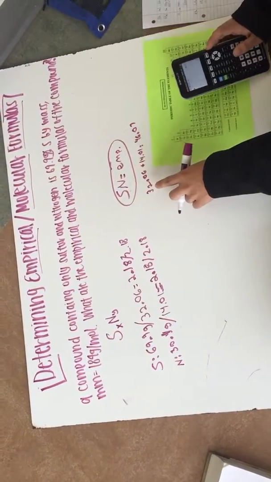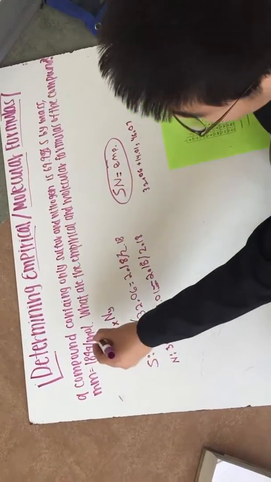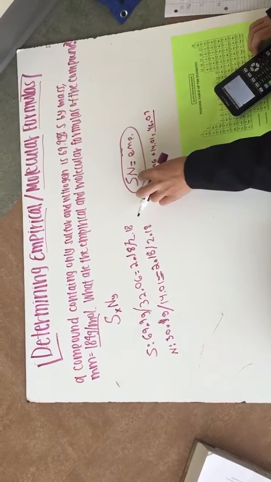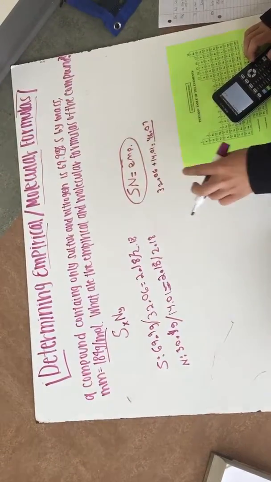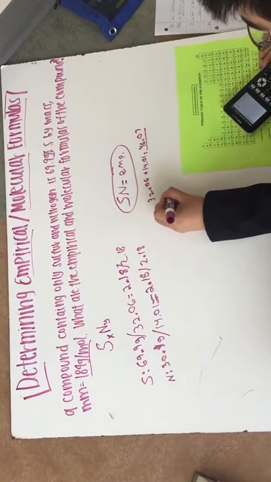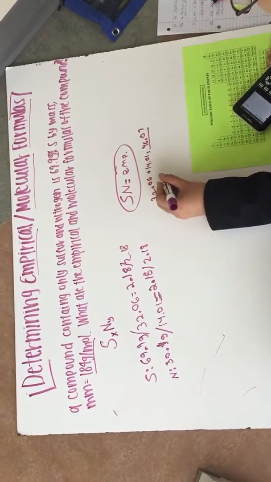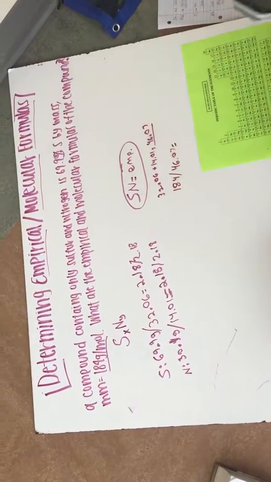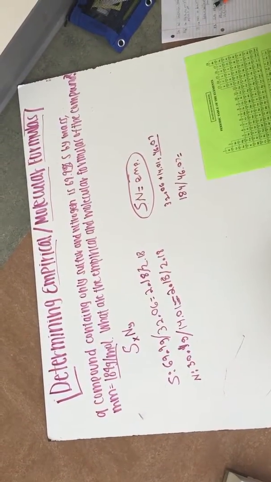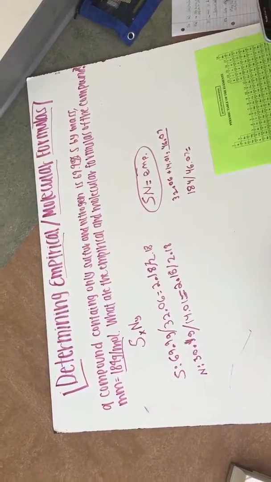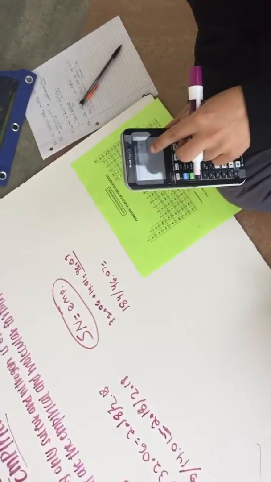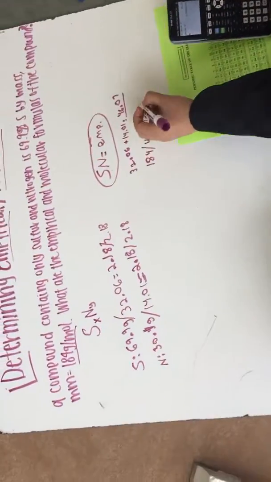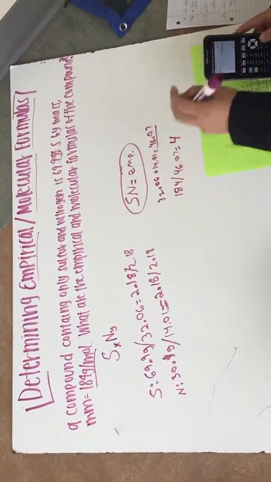What you then do is divide the molar mass given here, 184, by 46.07 to see what you would have to multiply the subscripts by. 184 divided by 46.07 equals about 4. It actually gives 3.99, but since that's close enough to 4, you can just round it up to 4.